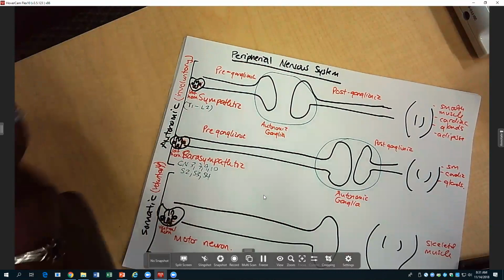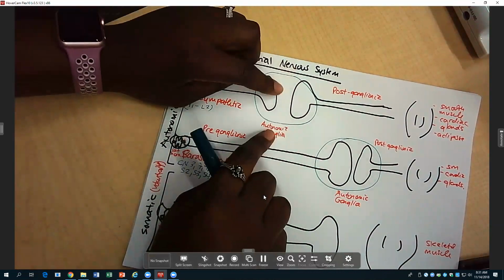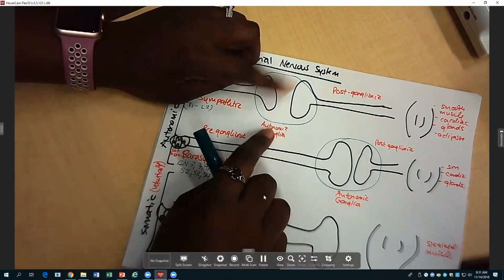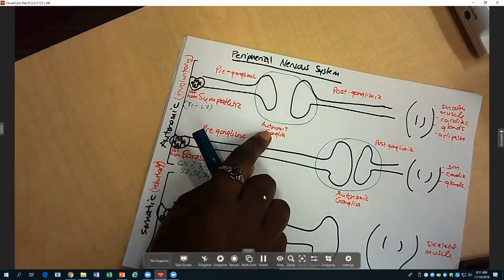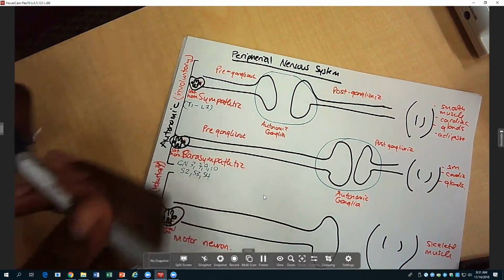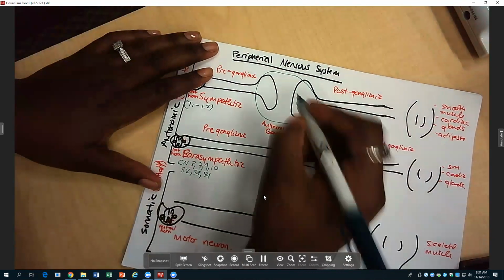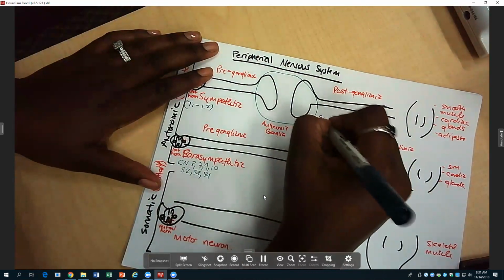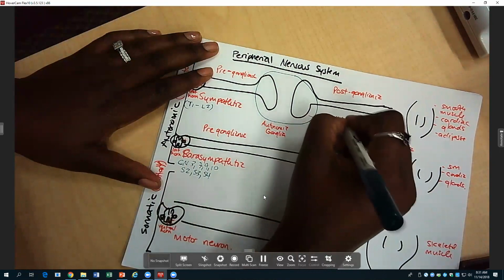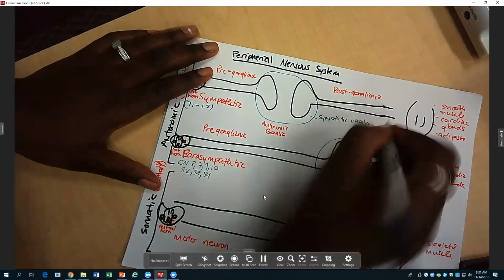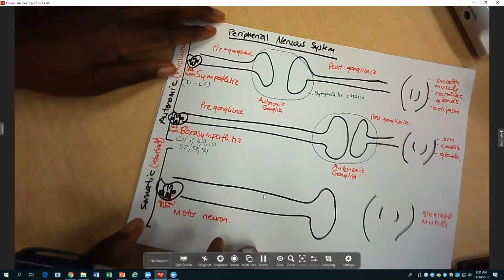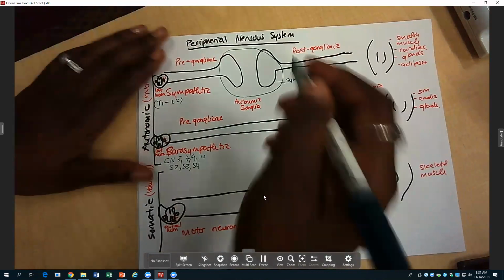Now, what was the specific name of the connection or collection of autonomic ganglia in the sympathetic system? What was that structure called? The sympathetic chain, okay? So this is the sympathetic chain.